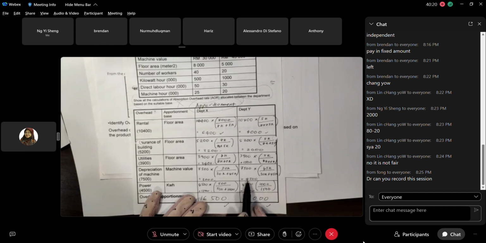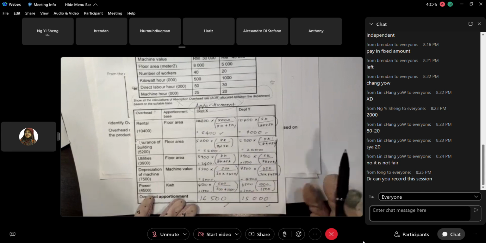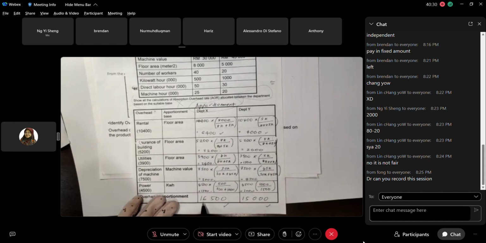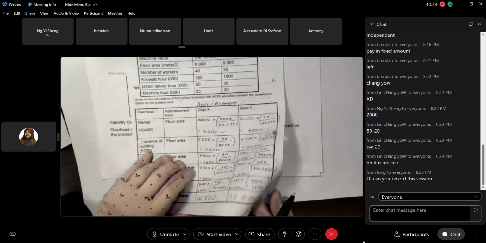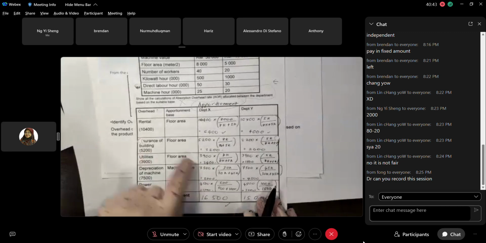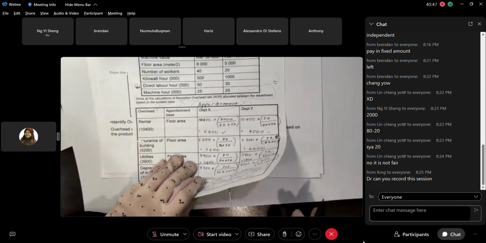If you add them up, you get the same number. Then you total up, and you get 16,500 for department X and 15,000 for department Y.